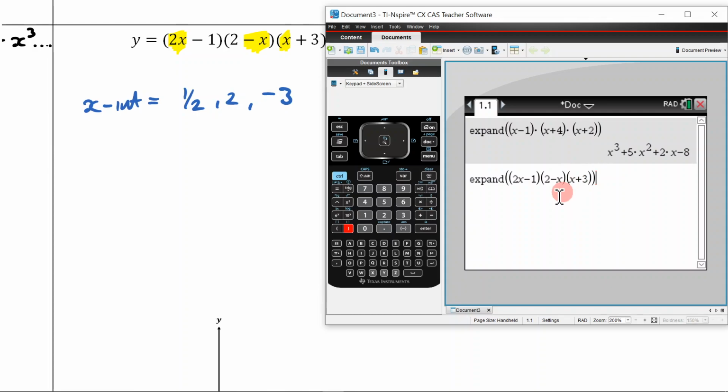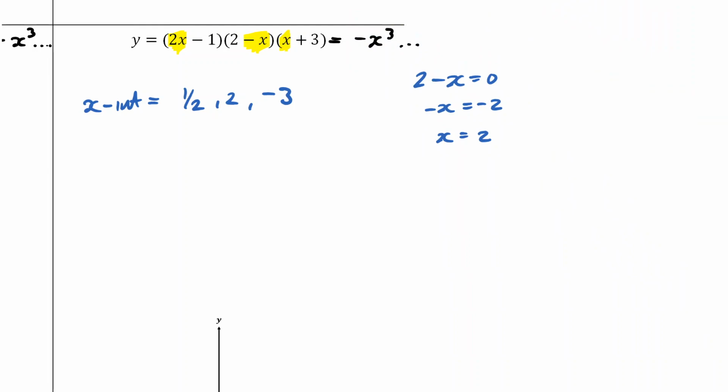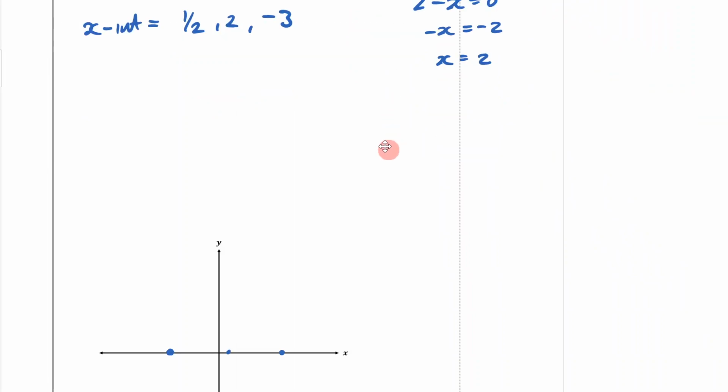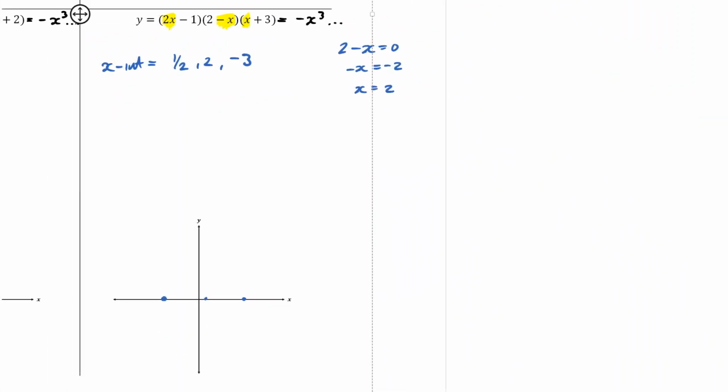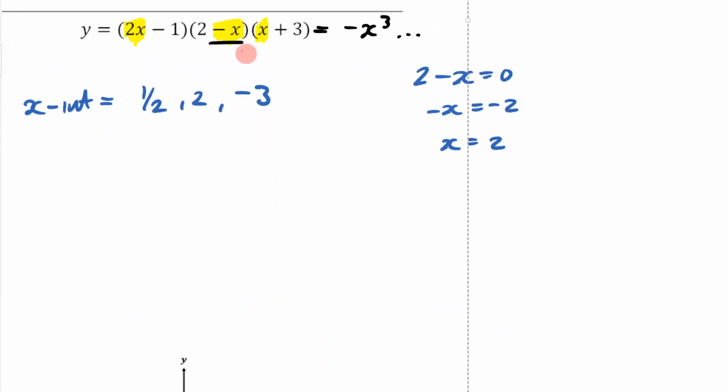Do you see how I get -2x cubed? A negative in front of it. So don't worry too much about the rest. I'm really concerned about this negative in front of it. The fact that I get a -x cubed tells me that this is going to be reflected.